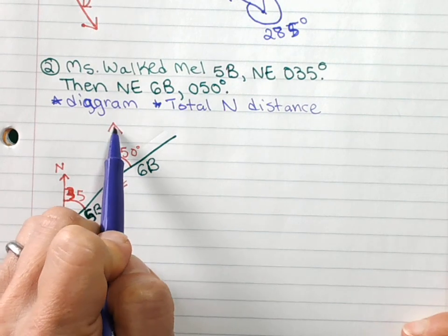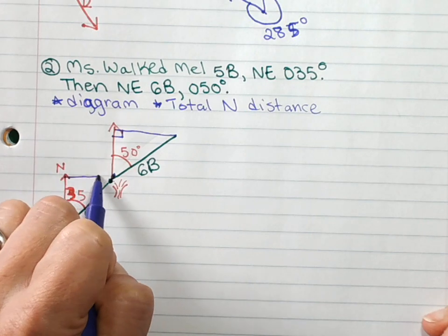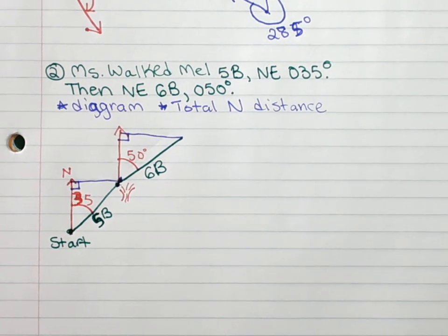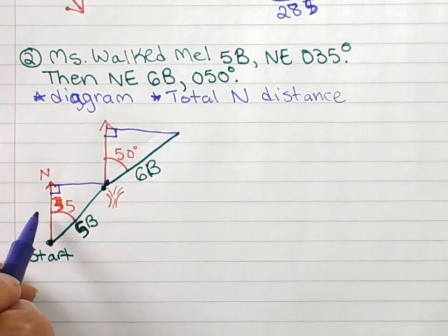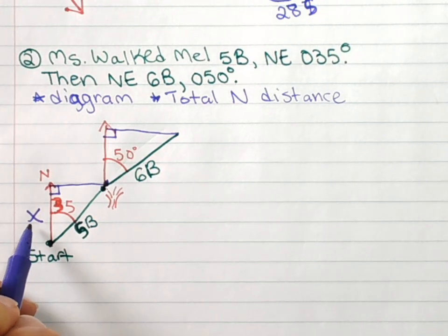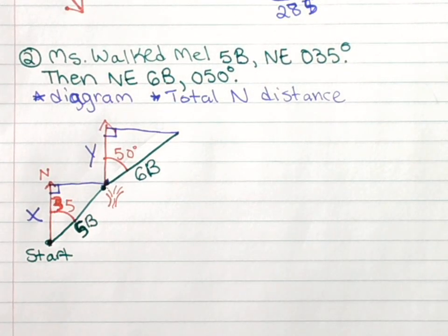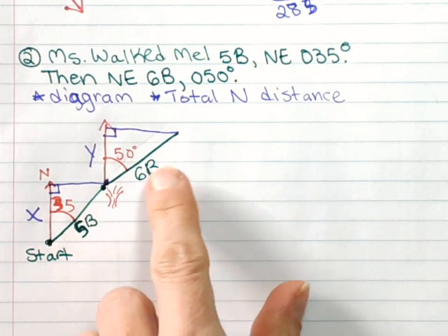Now we have two right triangles using that east and north direction. I encourage you to label the first north distance x and the second one y. Notice that we have both hypotenuses in the triangles.